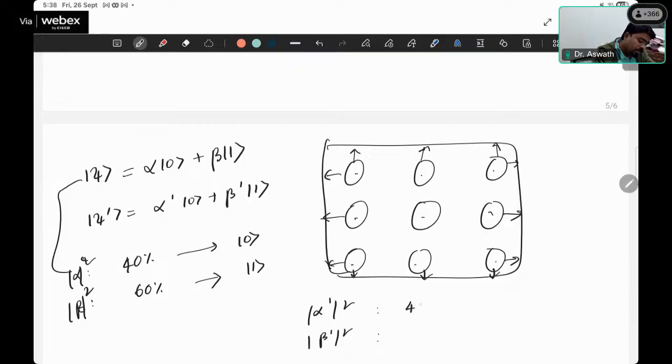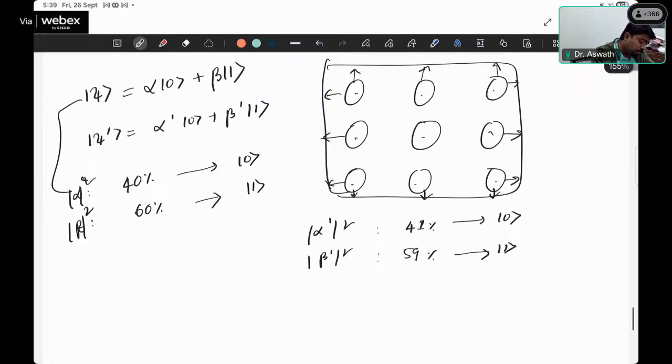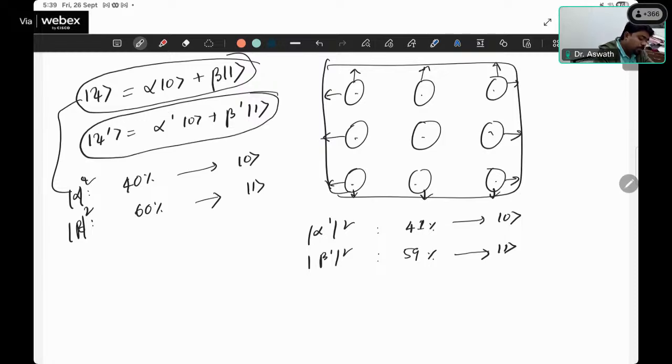What is the deviation? Instead of having ground 40, they have 41%, and 59% excited. So there is a slight change. I have two groups of systems: group 1 is quantum system psi, group 2 is quantum system psi prime.